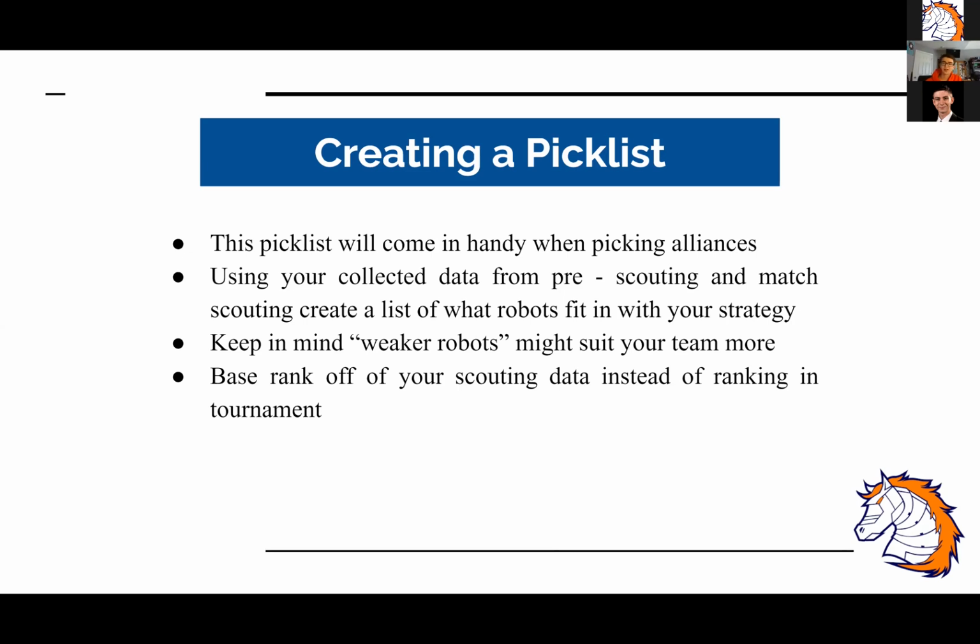So we sit down as a team, pull out the pictures of the robots that we took and the scouting sheets that we have, and we go forth and base it off the pre-scouting and the match scouting, on what we as a team need in order to make a good alliance.